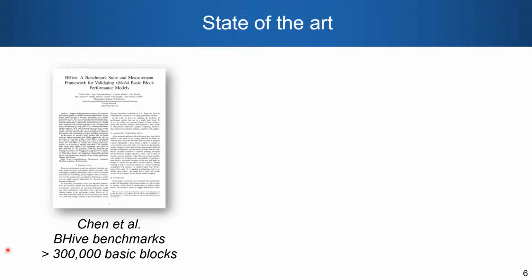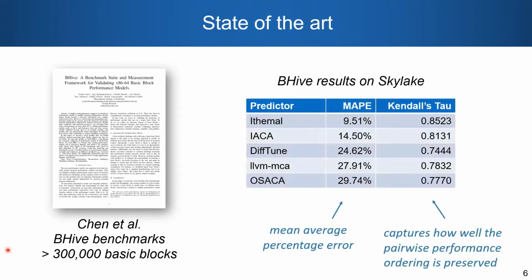Then Chen et al. used their approach to evaluate the accuracy of several previous tools. They evaluated them according to two metrics, the mean average percentage error and Kendall's tau coefficient. Kendall's tau coefficient is a measure of how well the pairwise ordering is preserved. It is a value between -1 and 1, and higher is better.